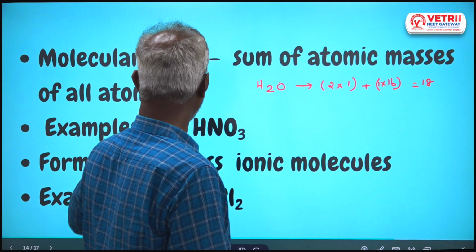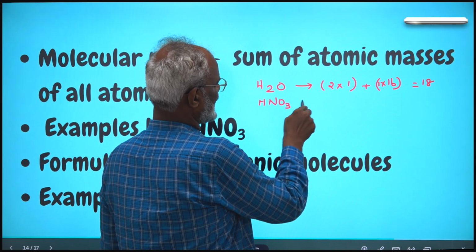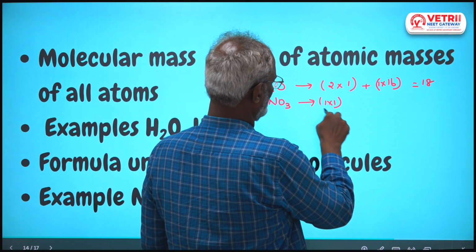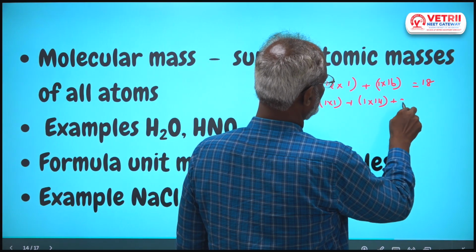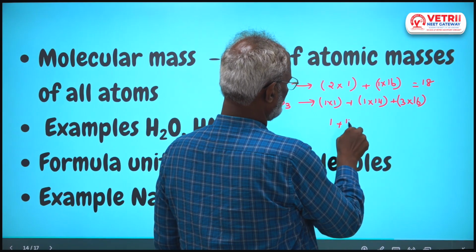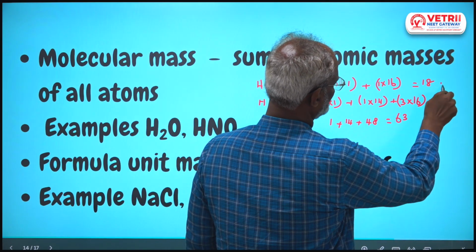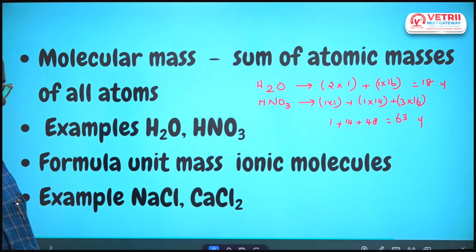If you want to calculate for HNO3, there are 3 different atoms. Hydrogen 1 into 1, nitrogen 1 into 14, plus 3 into 16 for oxygen. So 1 plus 14 plus 48 equals 63 u, atomic mass unit or unified atomic mass.